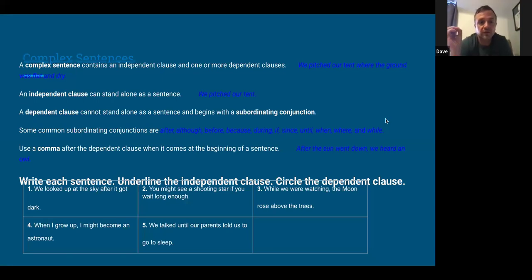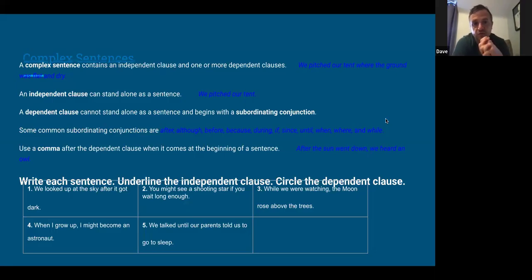Complex sentences aren't compound sentences, where two sentences are put together. Instead, it's one sentence and we add on to it. But we need that first part, the independent part. We pitched the tent. After I wrote that, then I can put where the ground was flat and dry.